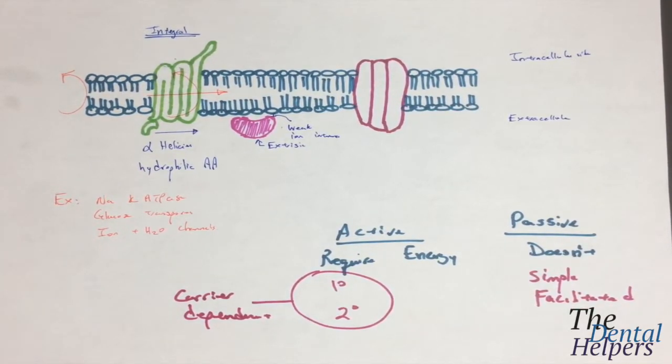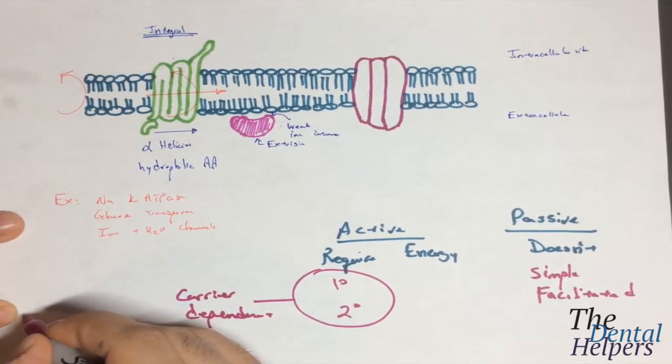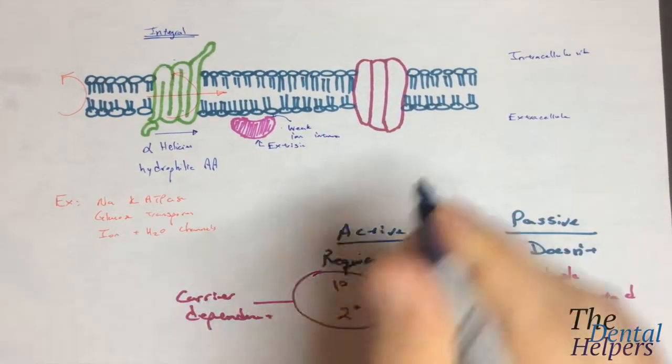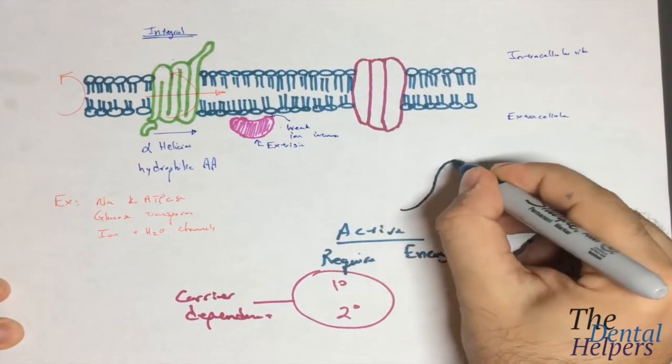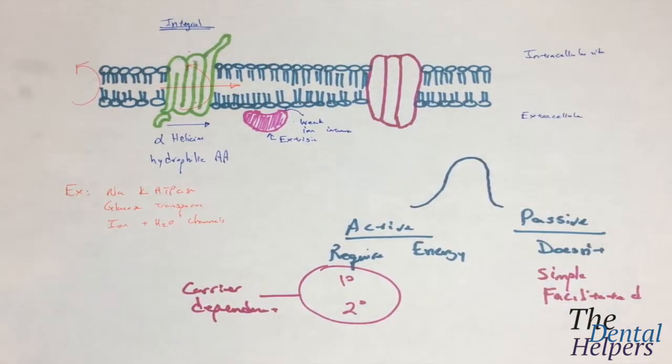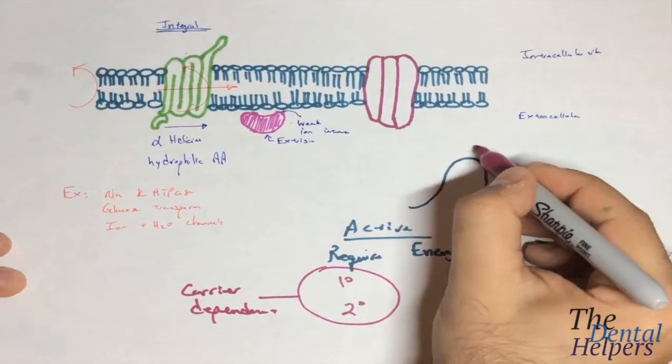So now if we think about passive, typically what passive means is that it's going to be going with the concentration gradient. So it's going to go down the concentration gradient. If you think of a hill, the passive side is going to be this side right here.